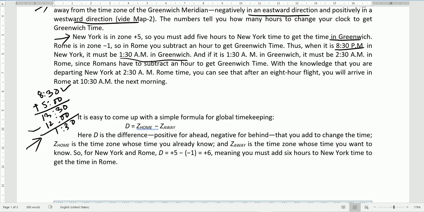And if it is 1:30 a.m. in Greenwich, it must be 2:30 a.m. in Rome, since Romans have to subtract an hour to get Greenwich time.